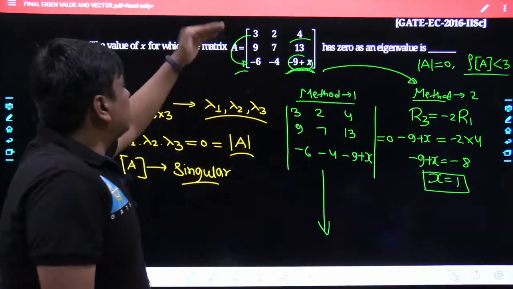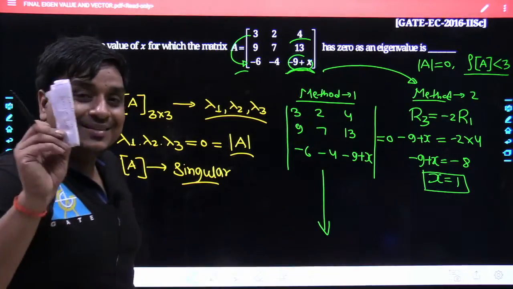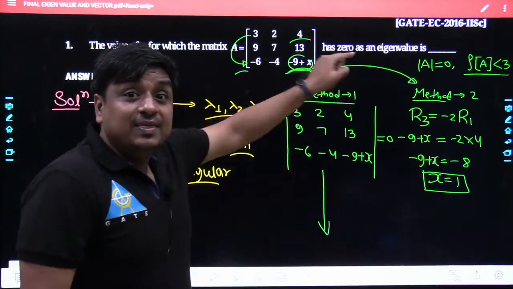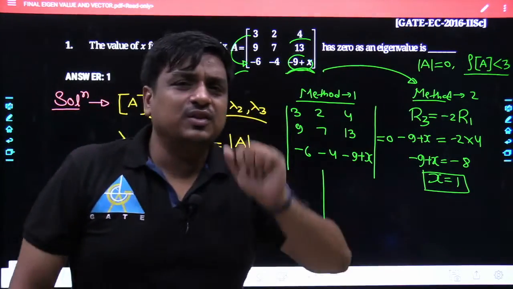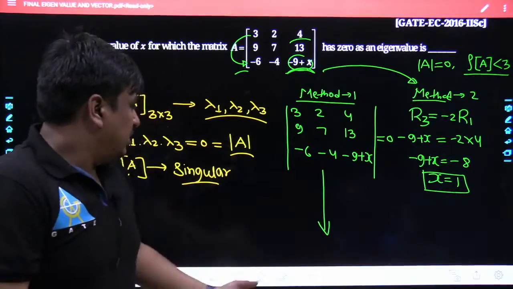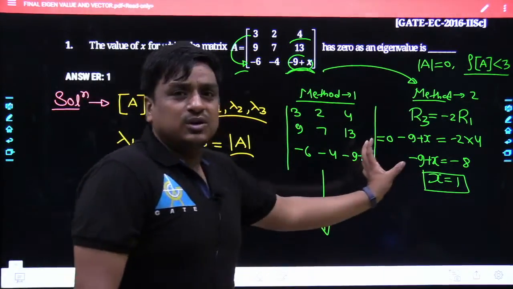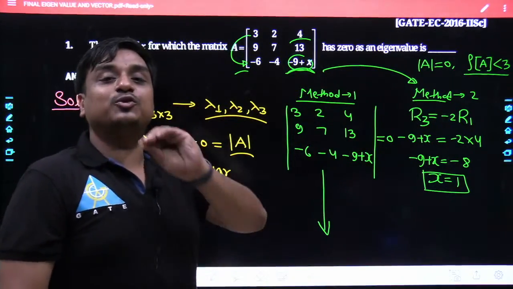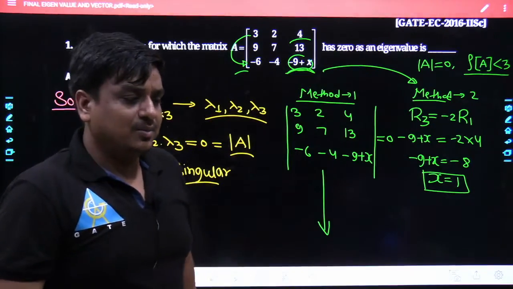Just try to figure out where it is, and just by seeing, you got the answer. And the problem was framed in that way alone, because the person who framed this problem wanted to drag you into a longer process, and also wanted to filter out the students who have prepared superbly from the students who have just a little bit of an idea about mathematics.